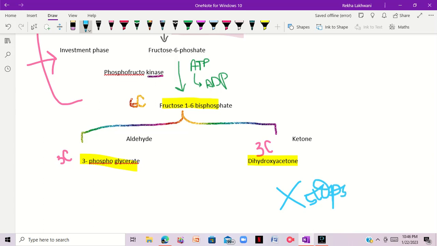So both of these are interconvertible. So this dihydroxyacetone is converted into 3-phosphoglycerate. So here we have now two molecules of 3-phosphoglycerate, right?